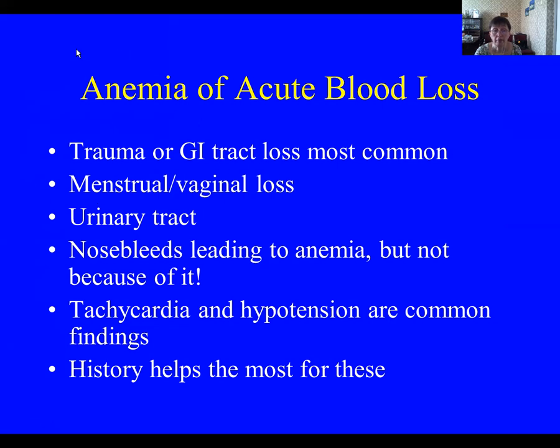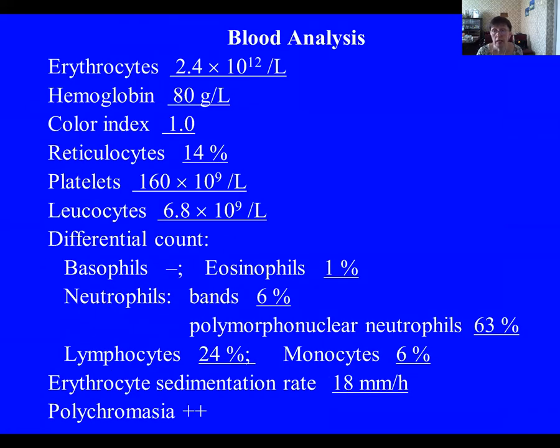And the main findings in the objective examination will be tachycardia and hypotension. And history will help you to find out what was the cause for anemia. And let's look at the example of the blood analysis.